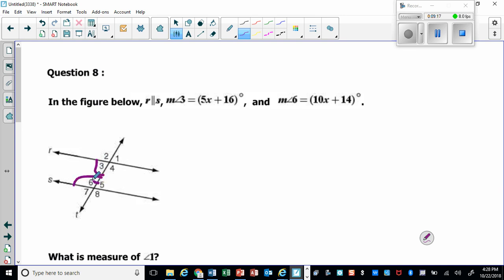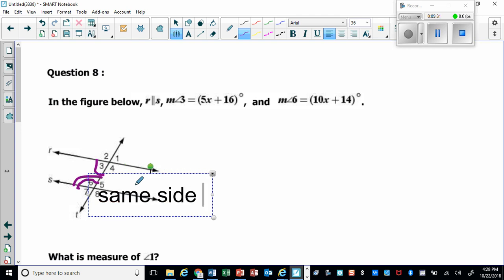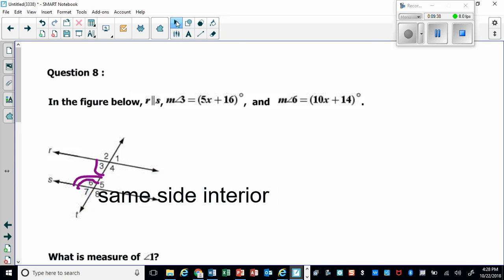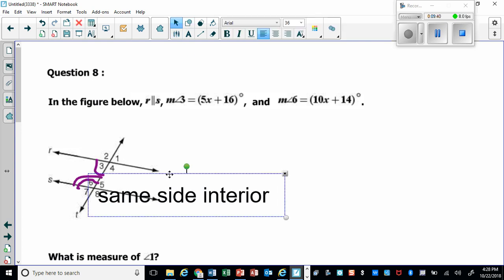So they're both on the same side, on the same transversal, so they should be what? Same side interior. Oh, it's just same side interior, yeah. So this is same side interior. So what should I make it as? Are they equal or supplementary?